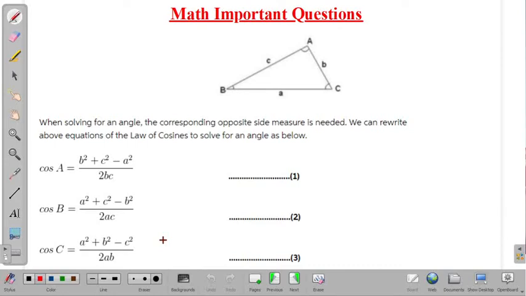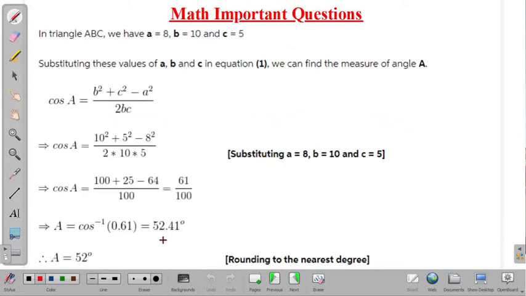Now we have the values of a, b and c: a equal to 8, b equal to 10 and c equal to 5. Substituting these values in equation 1, cos A equals 10 square plus 5 square minus 8 square divided by 2 into 10 into 5.